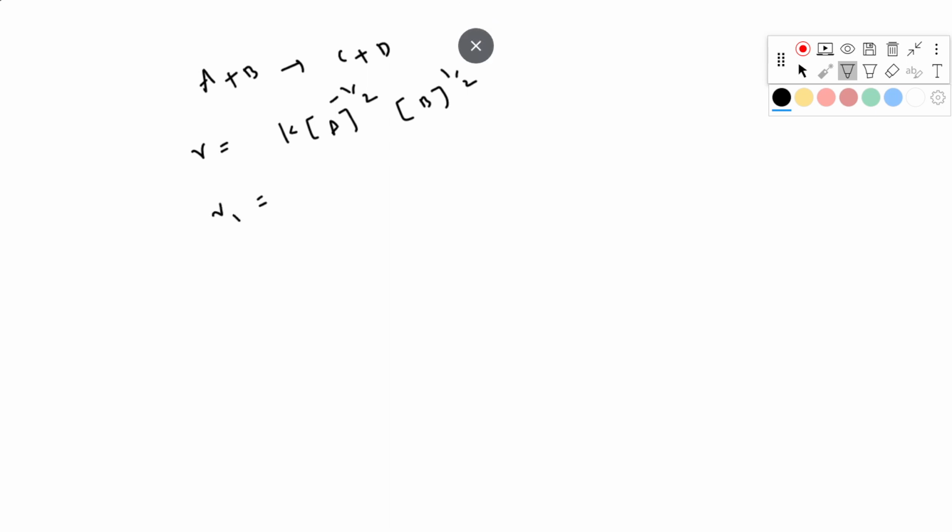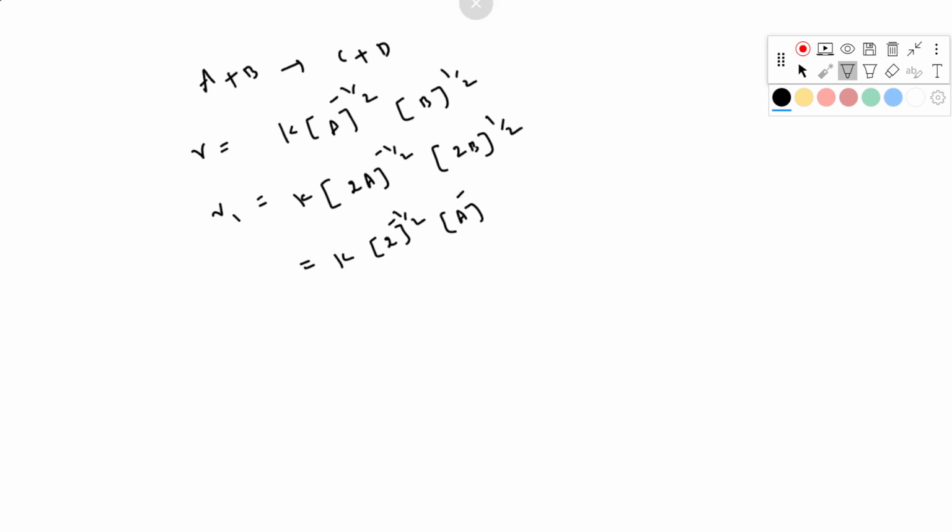The new rate R1 equals K into, on doubling the concentration, 2A whole power minus 1 by 2, 2B whole power 1 by 2. So I can write K into 2 power minus 1 by 2, A power minus 1 by 2, 2 power 1 by 2, B power 1 by 2.